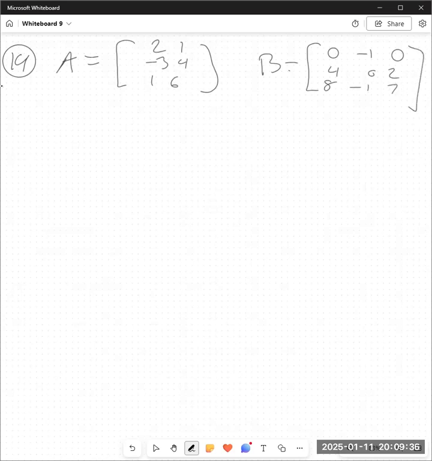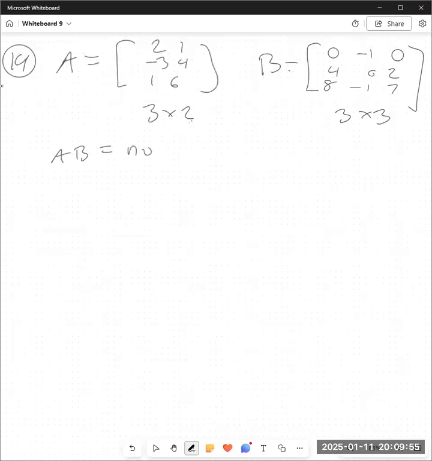It's not a mistake that this one is 3 rows by 2 columns, and this one is 3 rows by 3 columns. So when I try and do A times B, this does not match. So this is not possible.